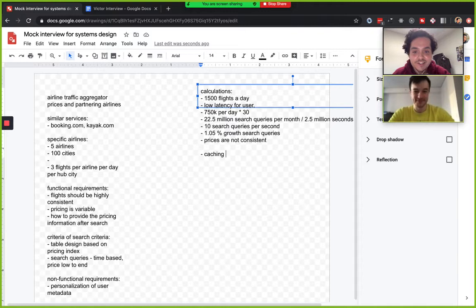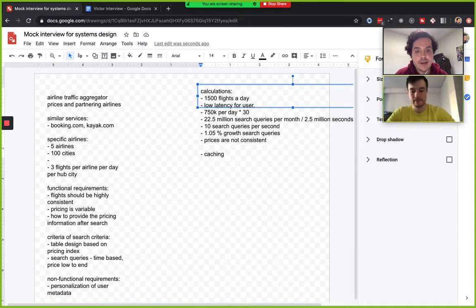So for the caching, I think you could just look at the overall data locations that the user searched for. Let's say the last five are Egypt, Egypt, Egypt, Cancun, Egypt. Based on that user's preferences and their metadata, they want flights and pricing information cached for Egypt, right?